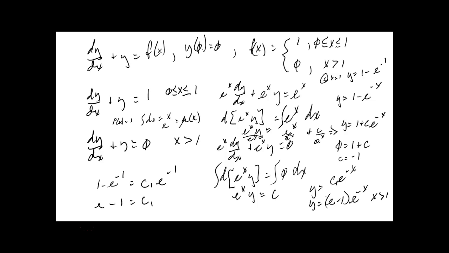That's 1 minus e to the minus 1, and plug that in as another condition, that when x is equal to 1, y is equal to that. And that gives, plug that in here, and that's what it comes out.